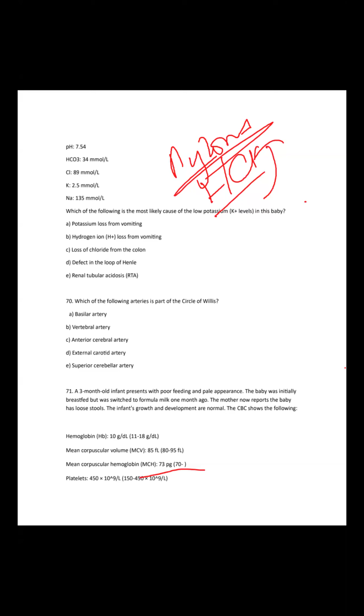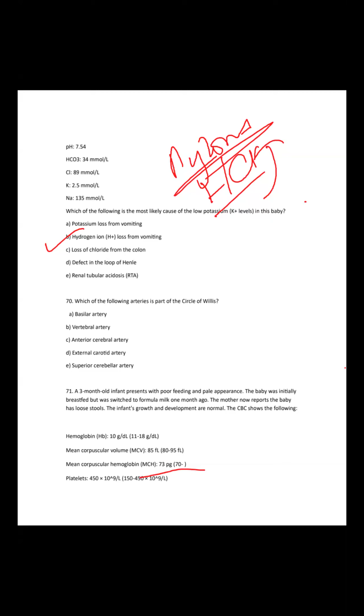The options: potassium loss from the vomiting, hydrogen loss from the vomiting, loss of chloride from colon, a defect in the loop of Henle, renal tubular acidosis. So over here, the potassium level is low. Why? Because you are not losing the potassium, you are losing the hydrogen. And loop of Henle is okay.